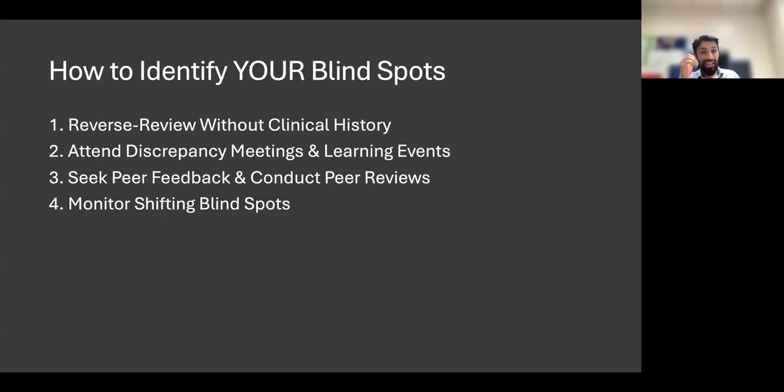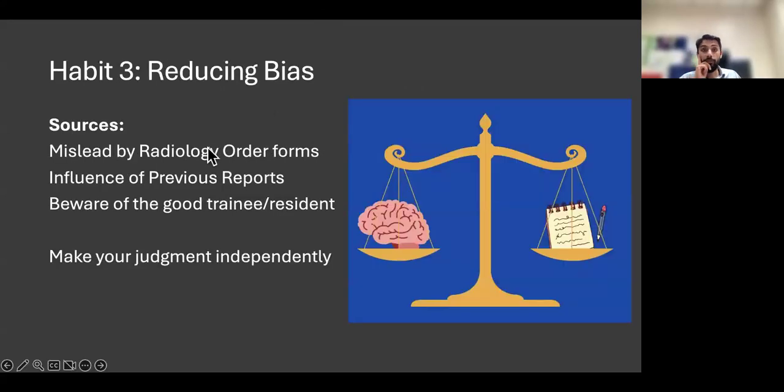So the first habit was how to manage distractions and interruptions. Second is having ways to uncover your cognitive blind spot. And that's very, very closely linked to the next habit, which is reducing bias in your reports.